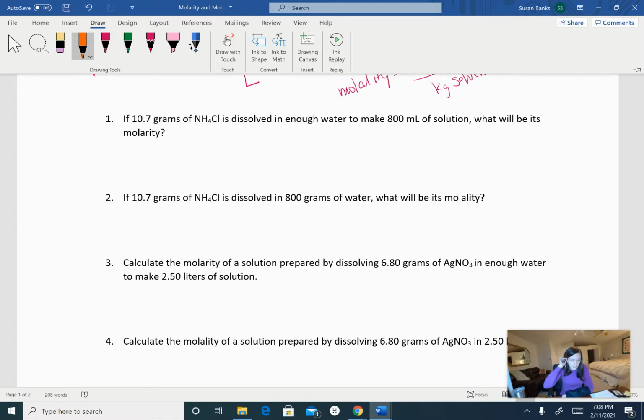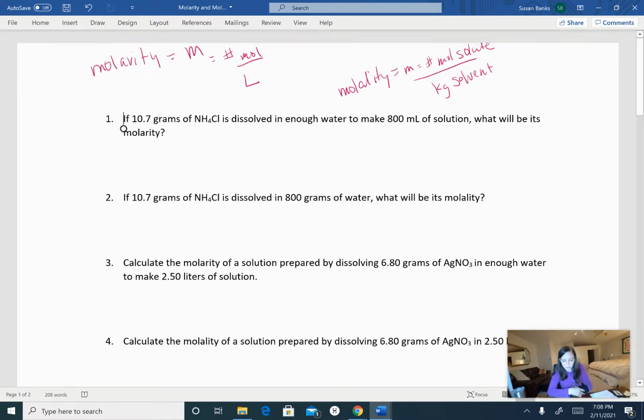So I've got 10.7 grams of ammonium chloride and I'm dissolving it in enough water to make 800 mLs of solution. What will be the molarity? So I'm asking for moles over liters. Now the thing is, we've got 800 mLs of solution, so we're going to have to convert that to liters, and we've got grams of ammonium chloride, so we're going to have to convert that to moles.